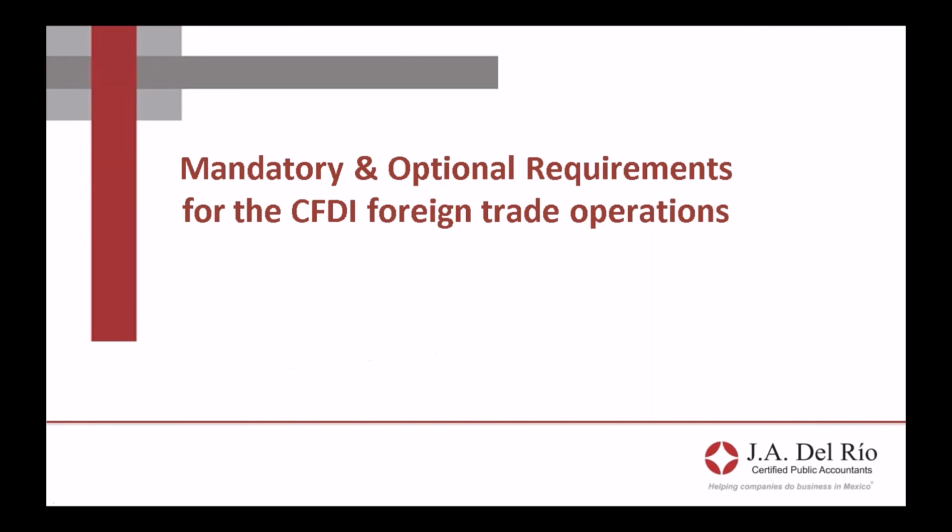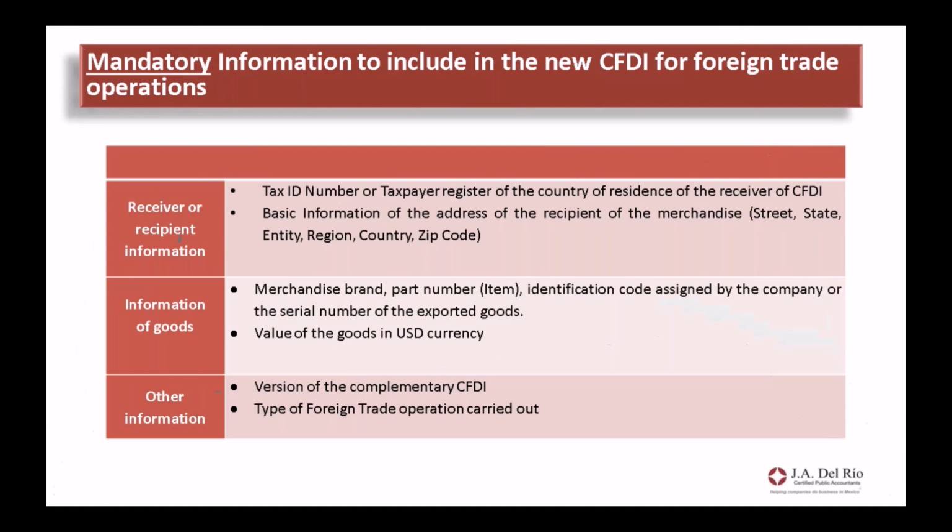Well, as Leo mentioned, we are now continuing with the requirements that this new complement will need to fulfill. This new information is divided into mandatory and optional requirements, this for the CFDI for foreign trade operations.